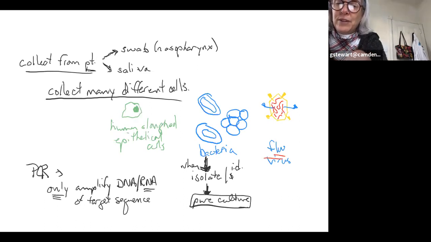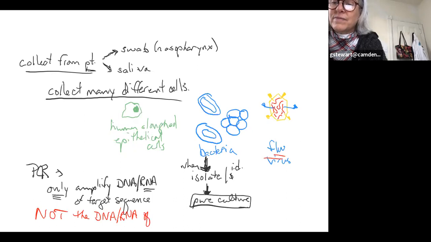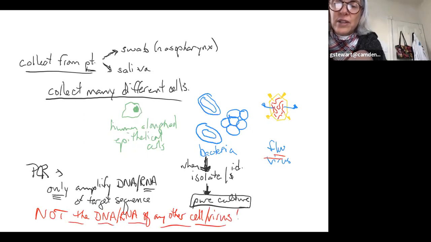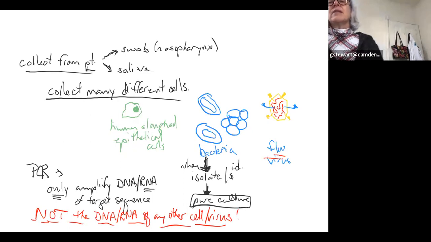Not, I'll put that in red, not the DNA of any of these other cells. Exclamation point, underline, underline, underline, underline, right?